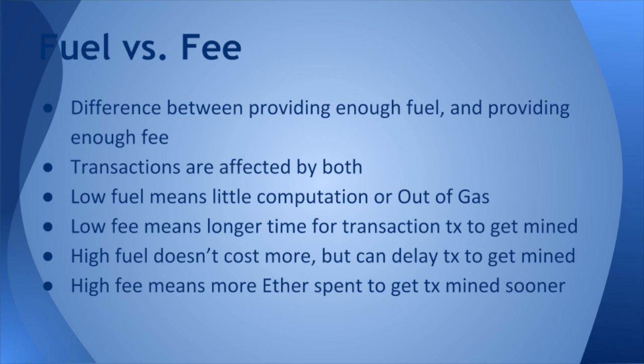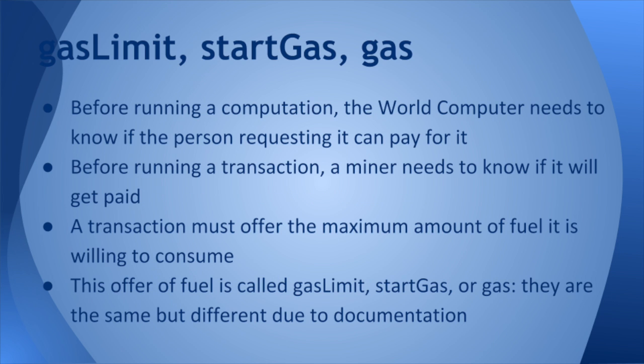These are some rough ideas about fuel versus fee. This topic will come up a few more times in this talk, and I think afterwards, it'll probably be easier to internalize. So before running a computation, the world computer needs to know if the person who's asking to do that computation can pay for it.